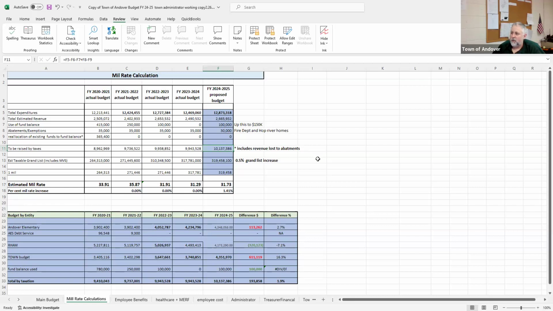That formula was incorrect. So that does have a net correction of the final estimated mill rate. So the estimated mill rate is what you see right there. Does that make sense to everybody?